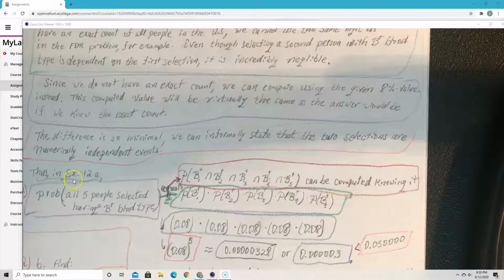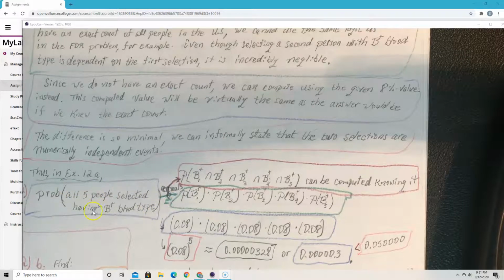Thus, in problem 12, they're telling us that 8% of the population has B positive blood, and we don't know the count of all the people in the United States, so we're going to do it in this fashion right here. The probability of picking 5 people and all 5 having B positive blood type.